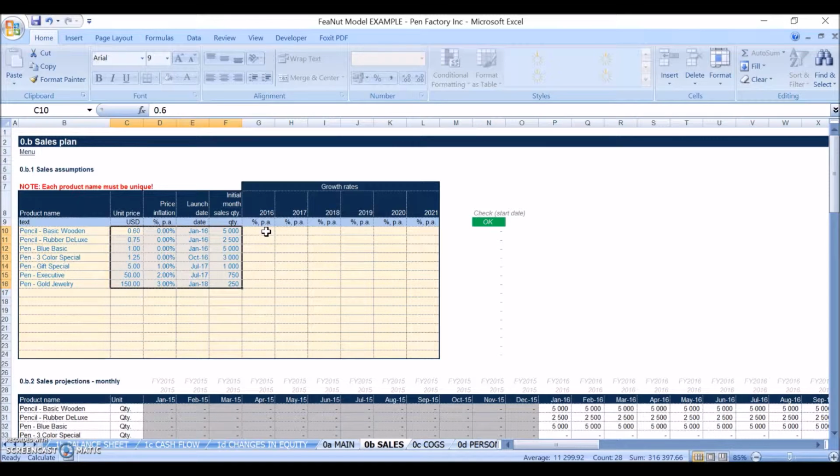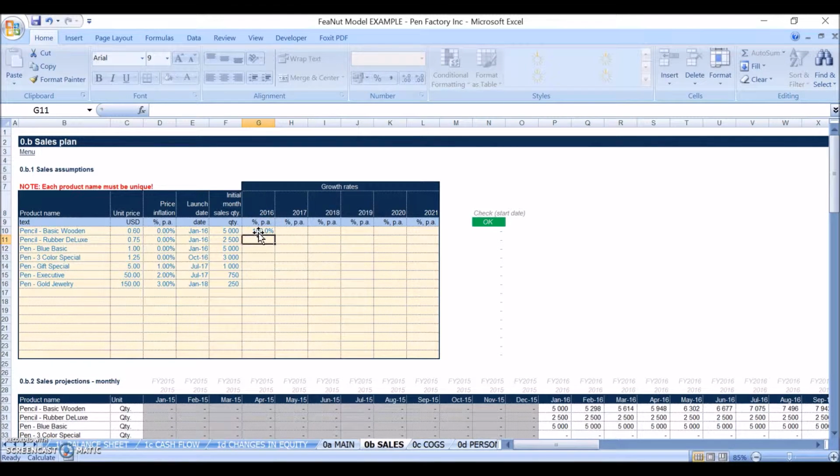What's left is the growth rates for our products for individual years. So for pencils that we start selling in January 2016, this basic wooden pencil will be sold, or we'll sell 5,000 of these in the first month, but we expect that this monthly quantity will increase by 100% by the end of the year.